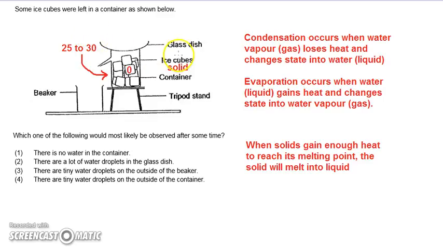But in this case, the glass dish is not in contact with the ice. There would be some condensation, I suppose, but not a lot. It will take some time for even the glass dish to cool down before you can see lots of water droplets in the glass dish.